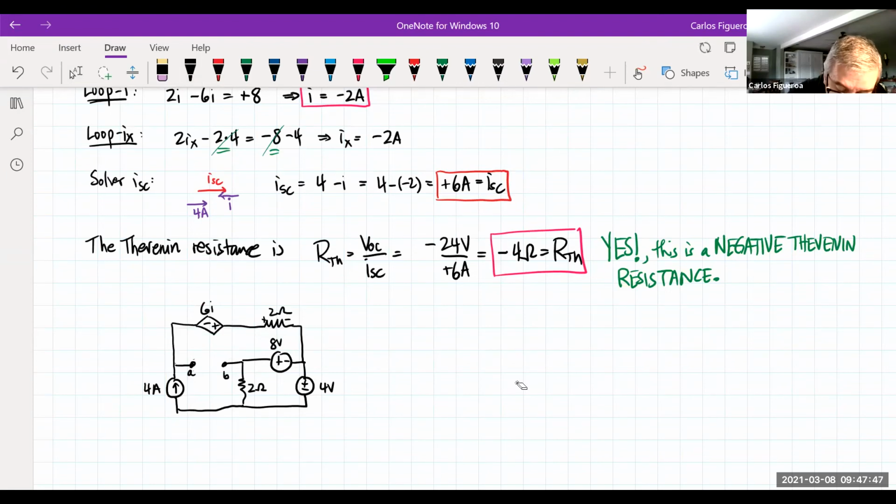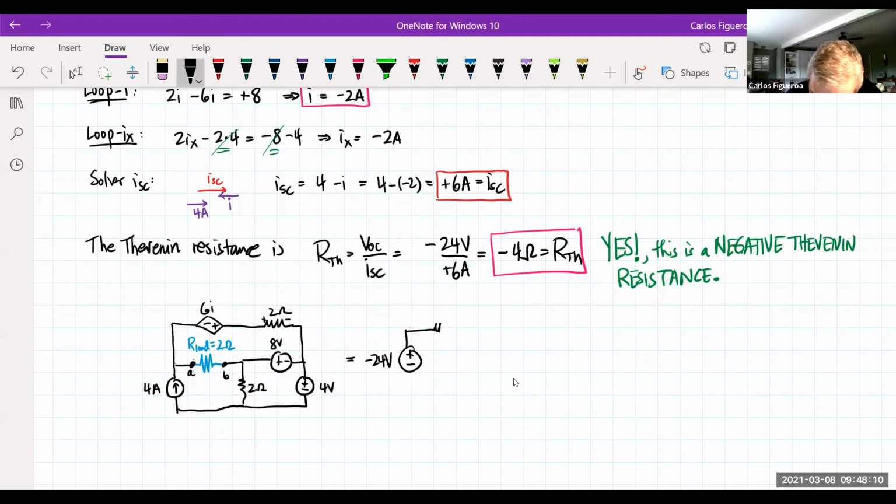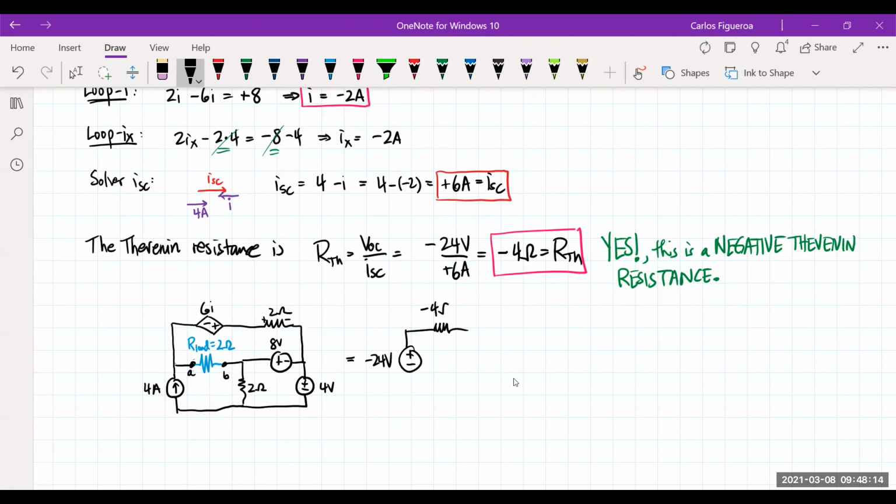Here's my load resistance, and this guy, our load in this case, was 2 ohms. I could then come in and replace the circuit with the source that reads minus 24 volts. This is going to be minus 4 ohms.